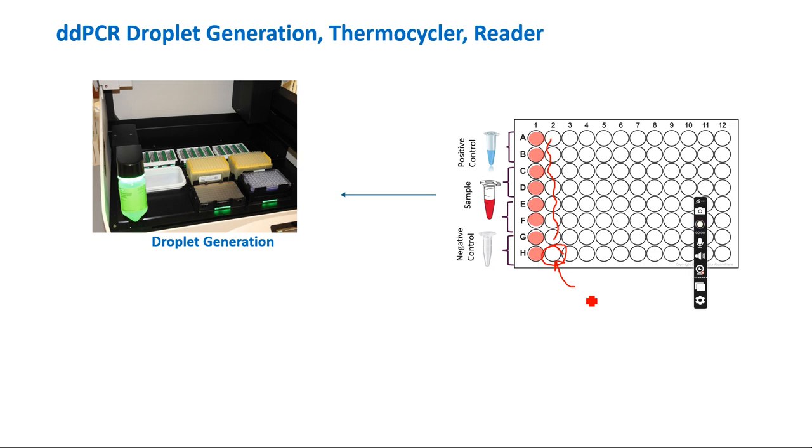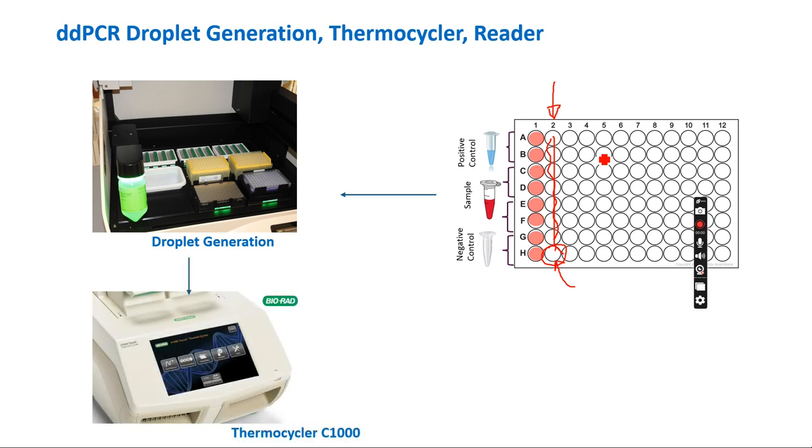You must always have some liquid in your well if you select it. So if I select column number 2, then I need to fill all the wells in column number 2. I'm fine leaving columns 3, 4, 5 to 12 blank since I'm not using those columns. But if I choose to select any column, I need to fill up all of the wells in the column.